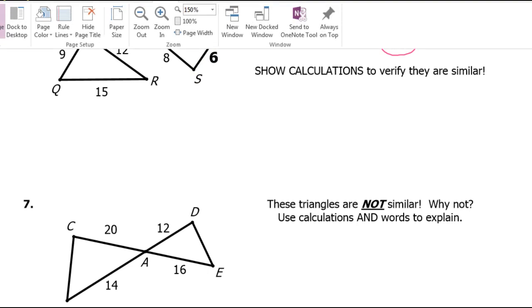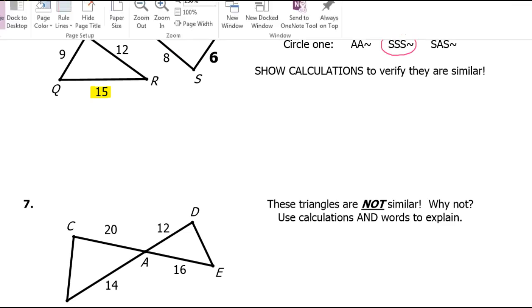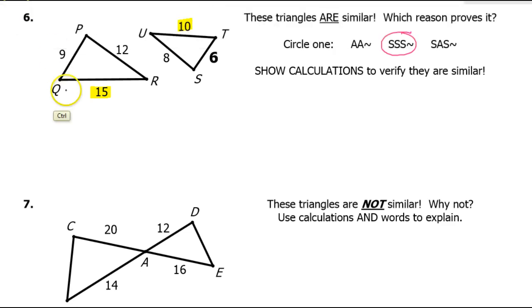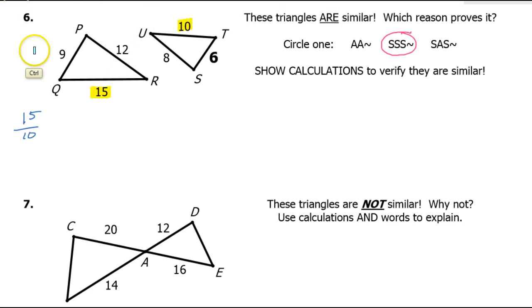So I need to decide which sides are corresponding. The biggest side on the first triangle is 15. The biggest side on the second triangle is 10. So if I make a fraction out of those, that's going to be 15 over 10. The smallest side of the first triangle is 9.